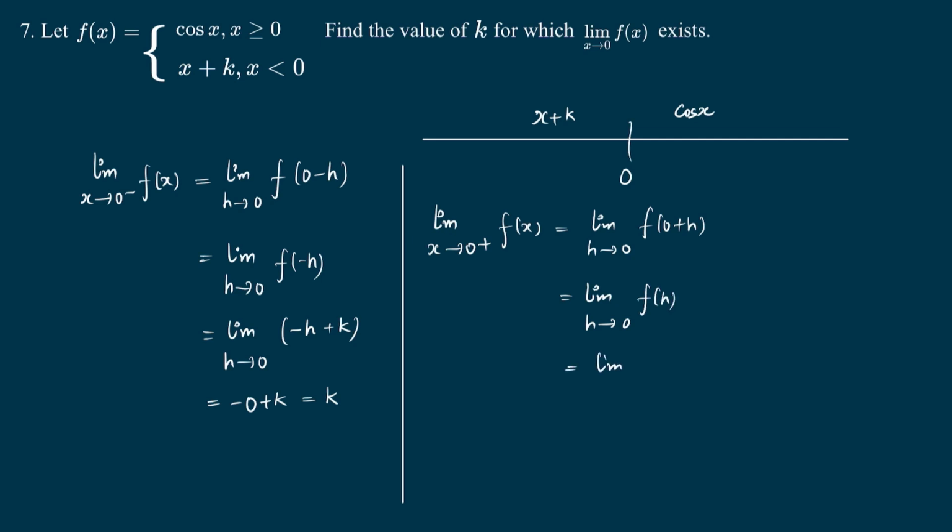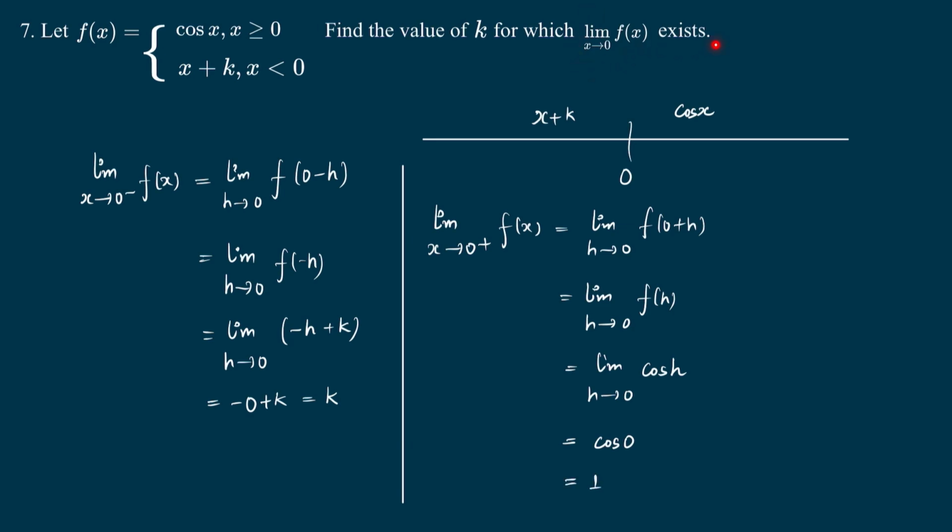Now since we were approaching 0 from the right hand side, the function is cos x. That means f of h means cos of h, and this will be equal to cos of 0, and cos 0 means 1.